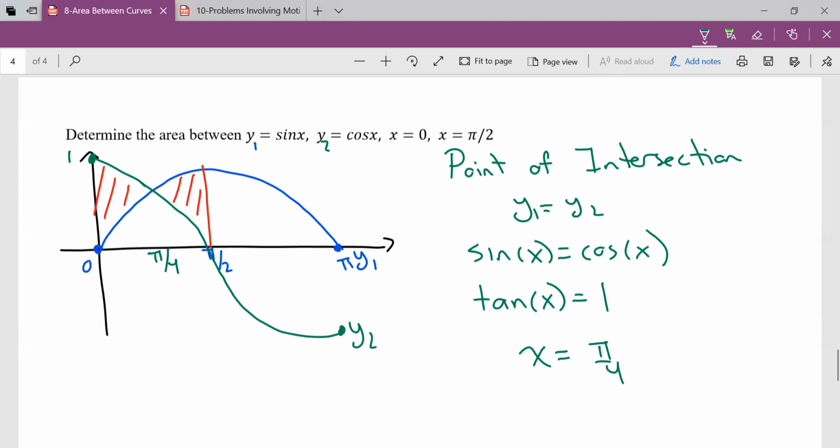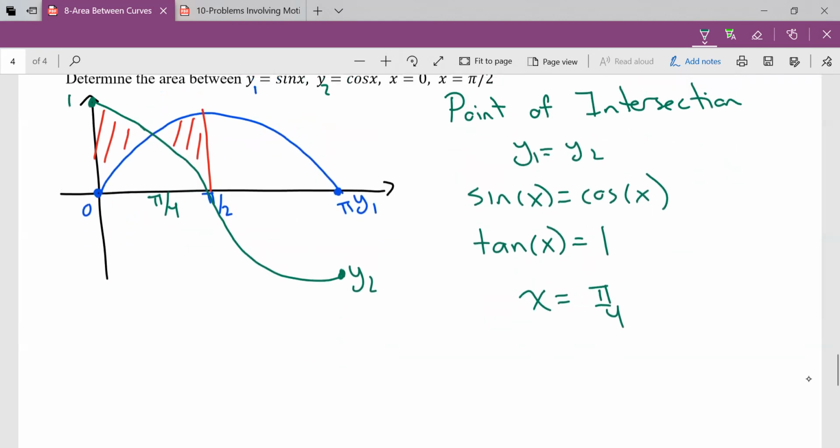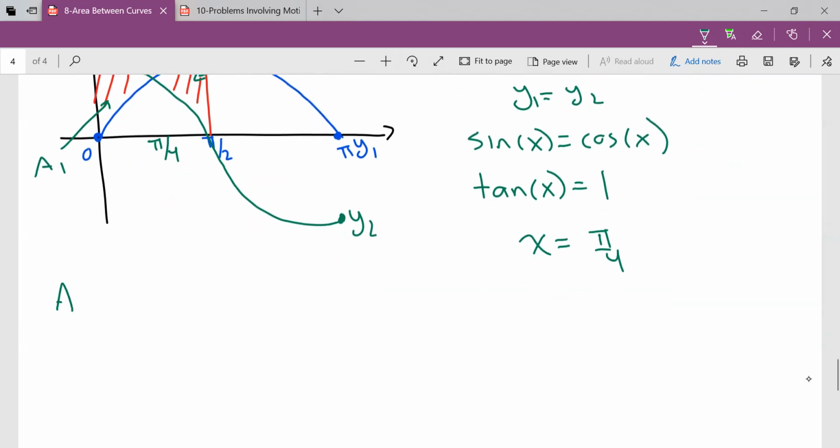Okay, so now what we're going to do, friends, is go and find our areas. I'm going to find area 1 first. I'm going to call this one here area 1, and I'm going to find this one here, I'm going to call it area 2, second. So here we go. Area 1 is equal to the definite integral from 0 to pi quarter of our top function, cos x, minus our bottom function, sine x, dx.